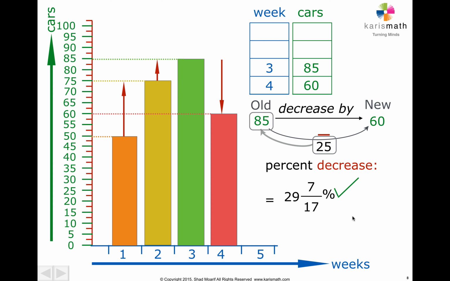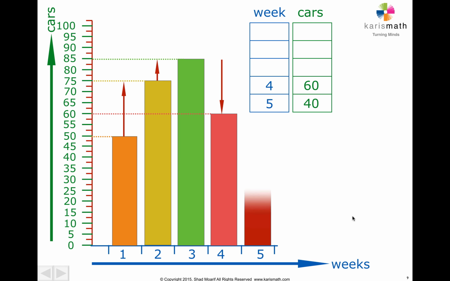Okay, last one. The 5th week, it went down even further to just 40 cars. On the 4th week, he sold 60 cars, but in the 5th week, it dropped down to 40. So what's the percentage decrease? Of course, you measure the decrease from the previous one, which was 60. 60 was the original.